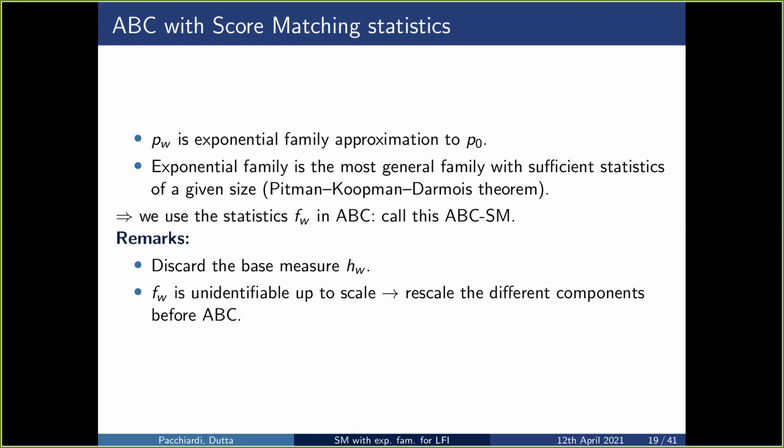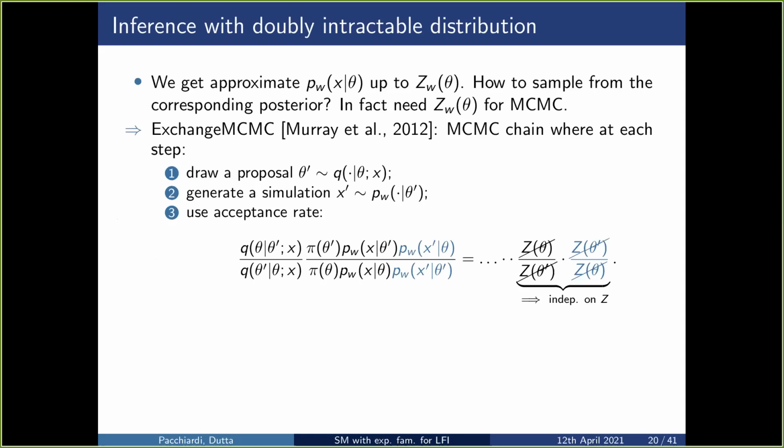Now, to the second remark. We also propose another framework to not only use the summary statistics, but to directly use this approximate likelihood function. Why we do so is because if we have the summary statistics in ABC, when new observed data comes, you need to run the full inference and you need to do all the inference schemes and all the simulation from the model again, and it's very expensive.